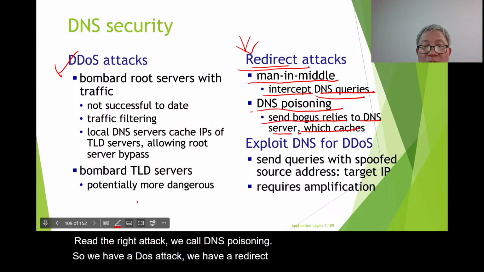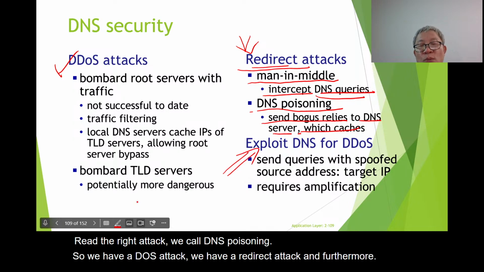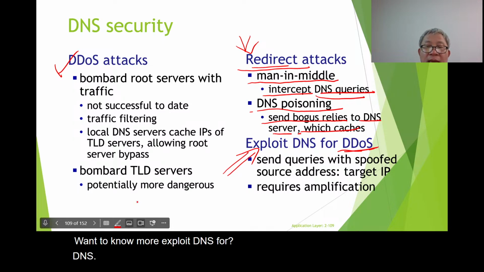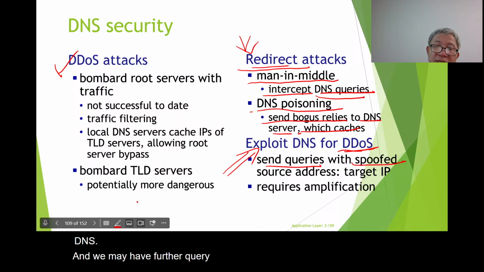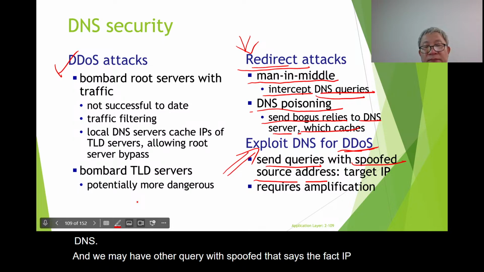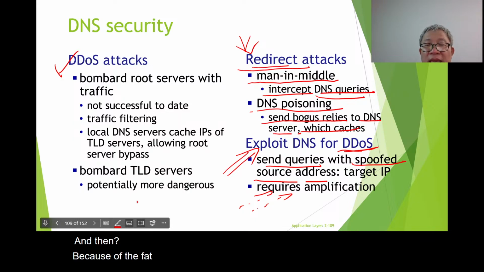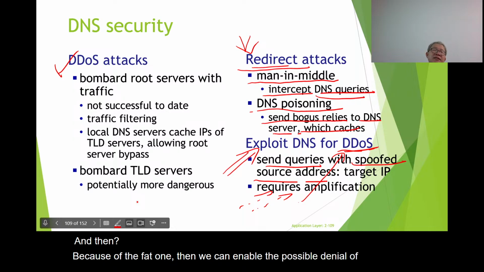And furthermore, we want to know more, exploit DNS for DDoS. We may have the query with spoofed, that says fake IP address. And then, because of the fake one, we can enable the possible denial of service. So that says send query 1, query 2, query 3.